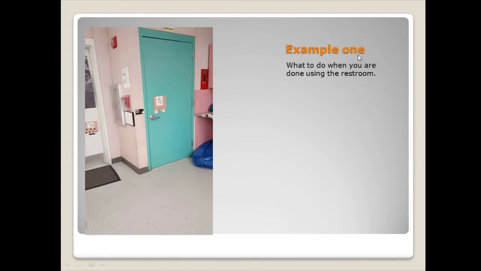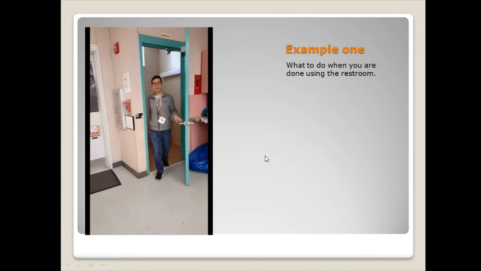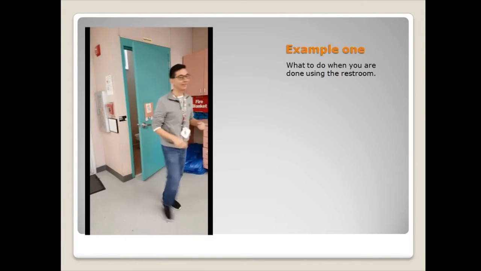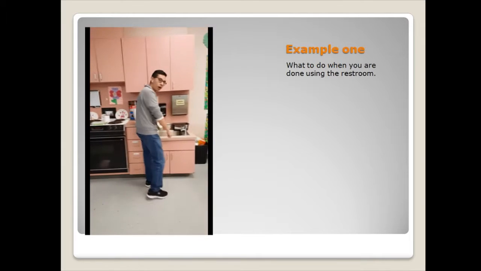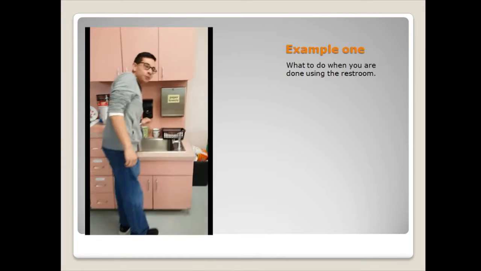Now this is example 1, what to do when you are done using the restroom. After I use the restroom, I need to roll up my sleeves. I need to turn the water on. Use the soap.